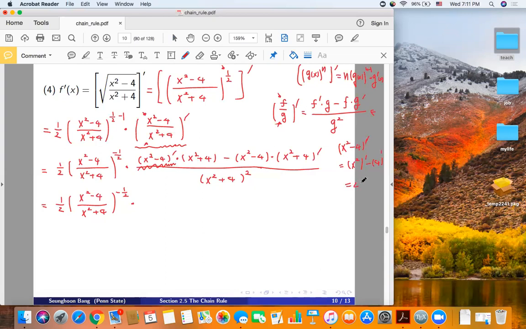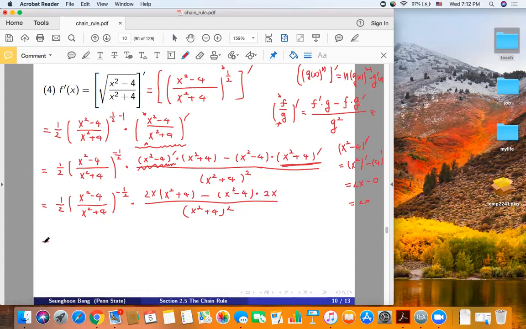X squared prime is 2x. Constant prime is always 0, just 2x. So we have 2x times x squared plus 4 minus x squared minus 4 times x squared plus 4 prime, which is similarly 2x, over x squared plus 4 squared.